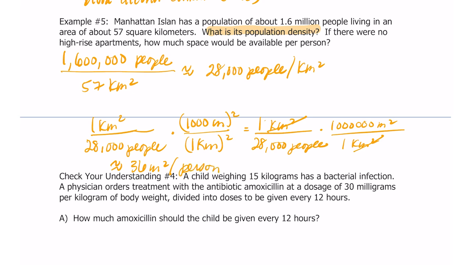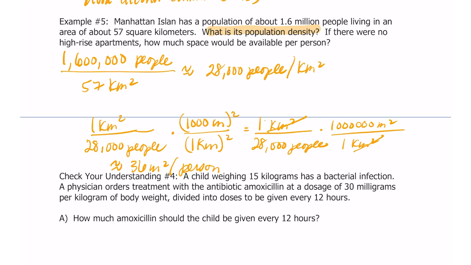Okay. So what exactly does that mean? It means that if Manhattan had no high rises, each person would have only about 36 square meters, which is equivalent to a room that's 6 meters on a side. A meter is basically about 3 feet.